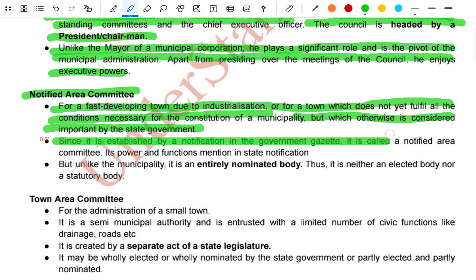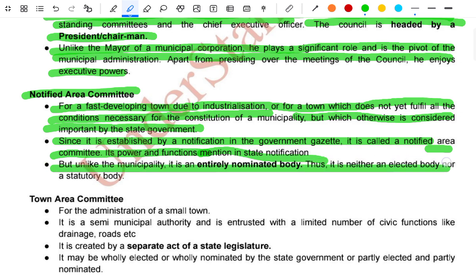It is called the notified area committee. Its powers, functions, and meetings are mentioned in the state notification. But unlike municipalities, it is an entirely nominated body, thus it is neither an elected body nor a statutory body.